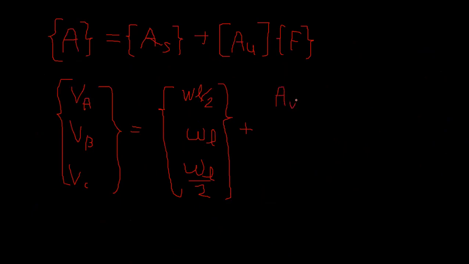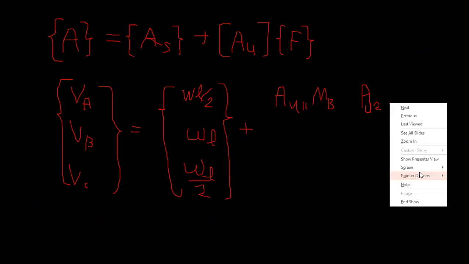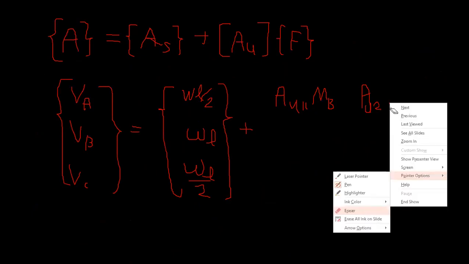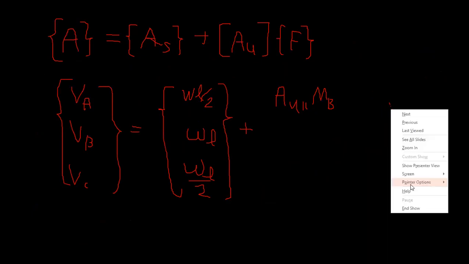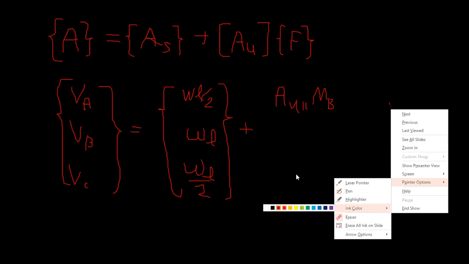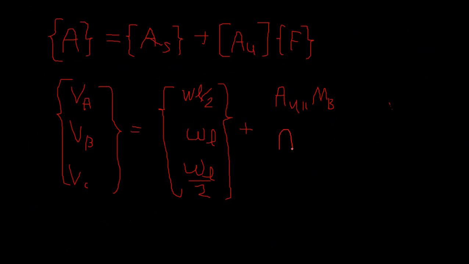First coordinate you have AU11 into MB, and the second redundant structure you have AU. Sorry, I will go in order.